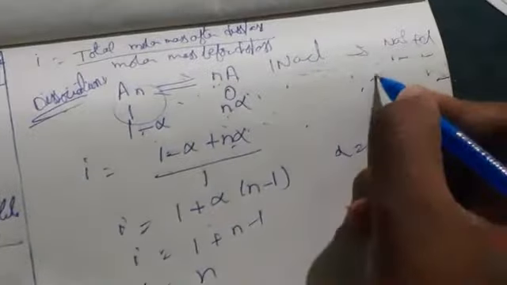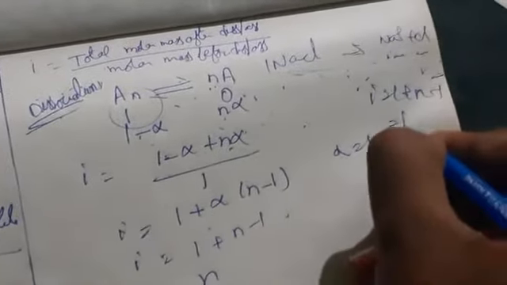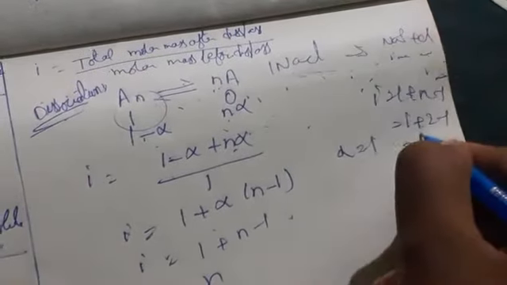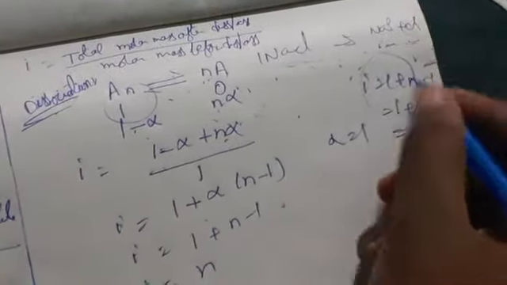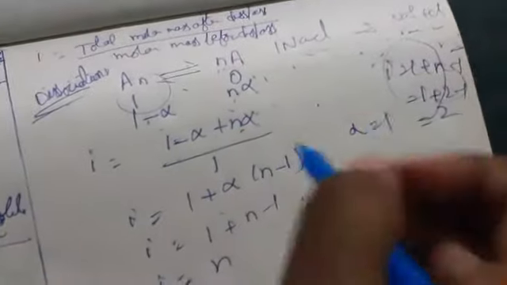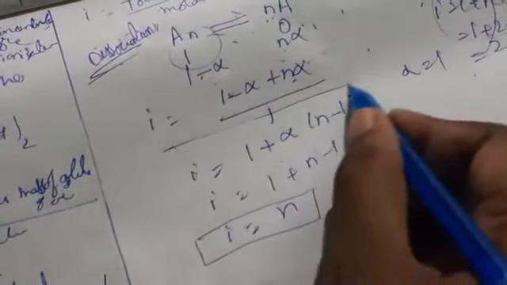If you substitute here, i is equal to 1 plus n minus 1, so 1 plus 2 minus 1, we get 2. So n is equal to 2, i is equal to 2. Like this we are going to calculate. For dissociation the value is this one.